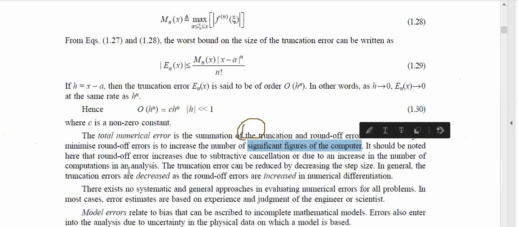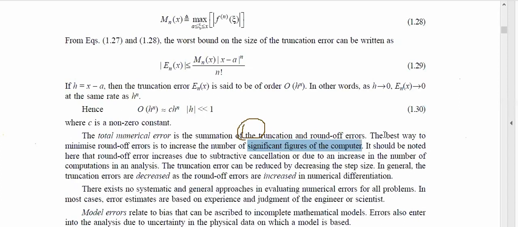This is the first line. The total numerical error is the summation of the truncation error and round off errors. Suppose your computer is accommodating only 10 significant digits, then other digits will be chopped off. Other digits will not be considered, and therefore round off error will take place. So truncation error is already taking place.